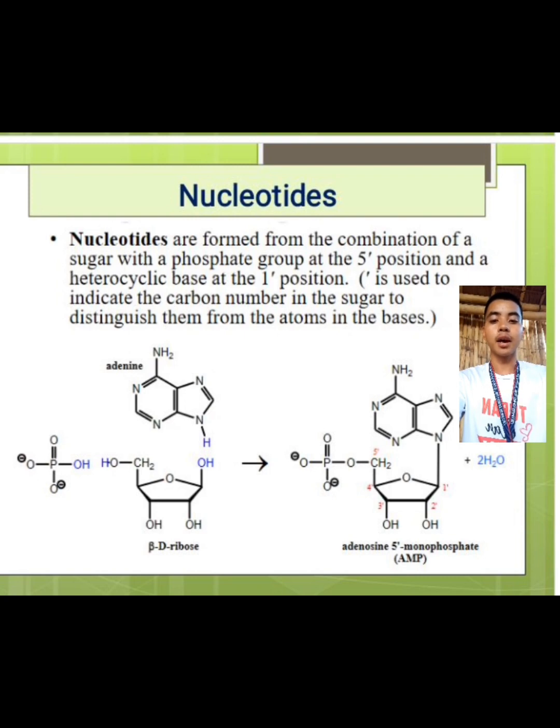In DNA, adenine and thymine are grouped together, and cytosine and guanine are also grouped together. In RNA, uracil replaces thymine, so the pairing is adenine with uracil, and cytosine with guanine.